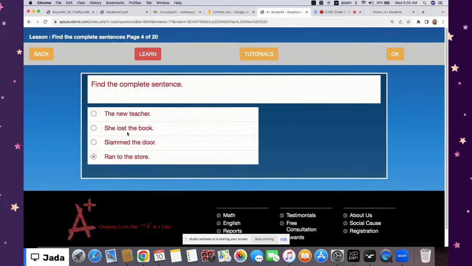She lost the book, slammed the door, ran to the store. Which one? So what's our answer here?